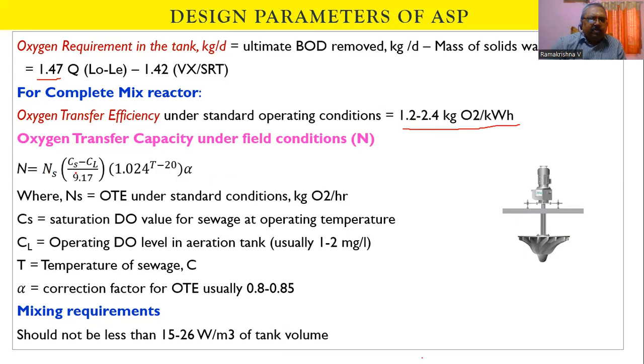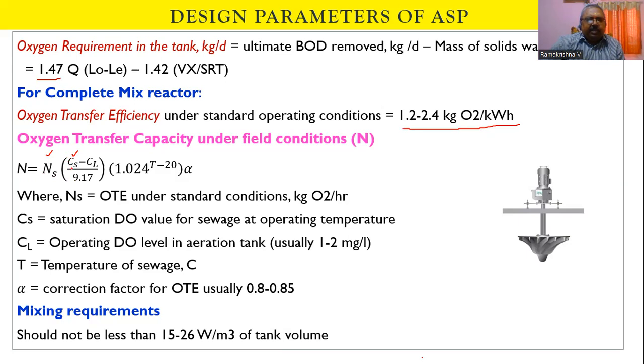So N is equal to Ns into (Cs minus Cl) by 9.17, into 1.024 to the power of (T minus 20), into alpha, where N is the field transfer capacity of oxygen. Ns is the OTE, oxygen transfer efficiency, under standard conditions in kilograms of oxygen per hour, and Cs is the saturation DO value in the aeration tank at operating temperature.